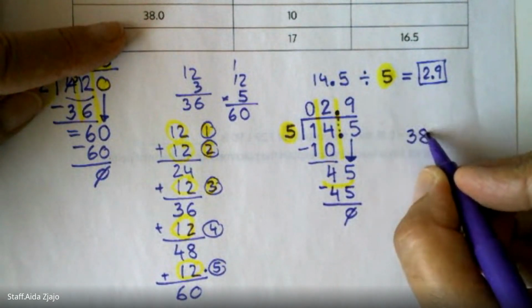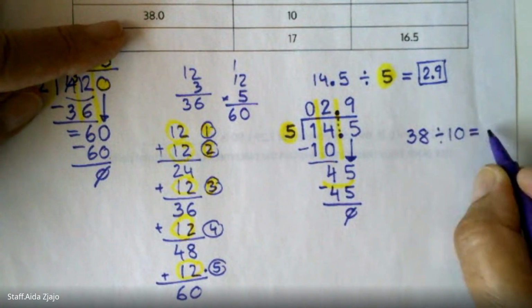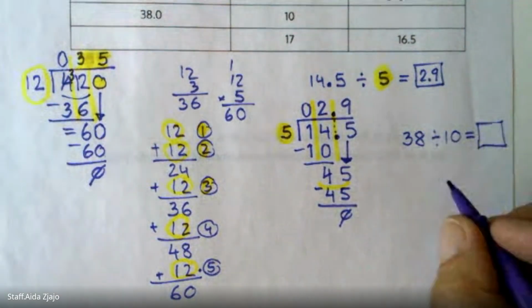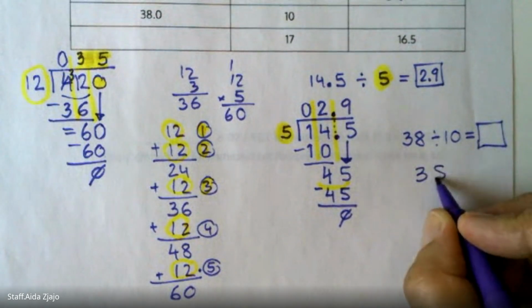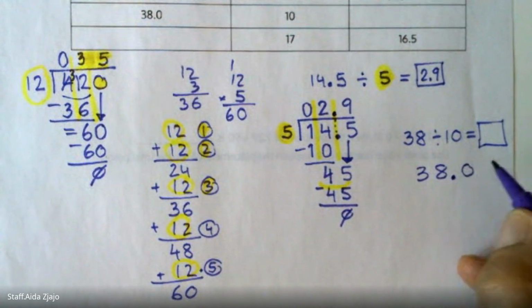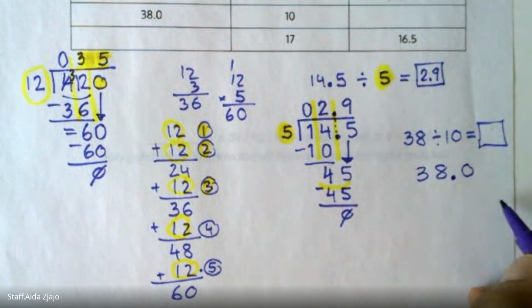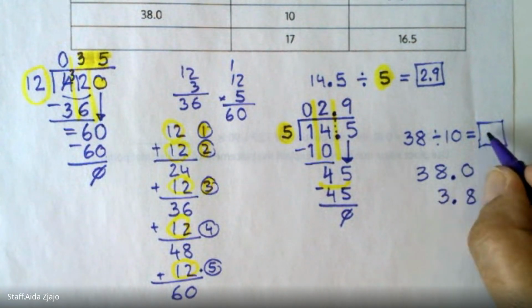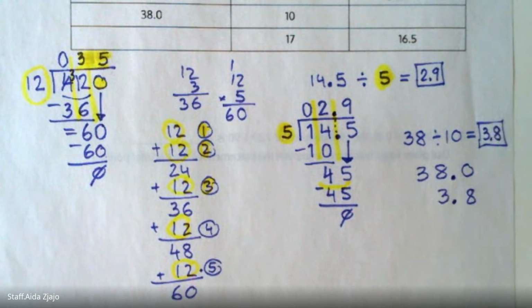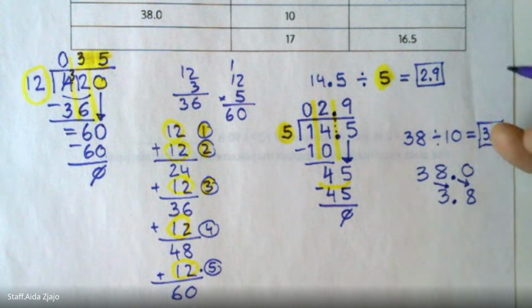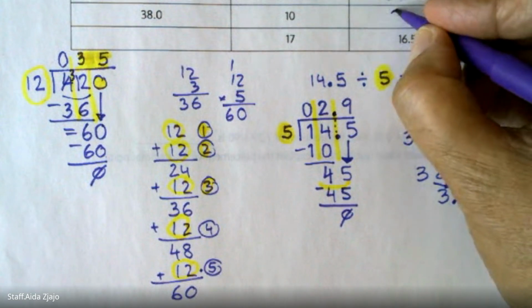What is 38 divided by 10? It will give us the solution. If you think of 38, the decimal is right here, so the number is going to get 10 times smaller, so the decimal moves over and your solution is 3.8. Remember how to divide by 10.